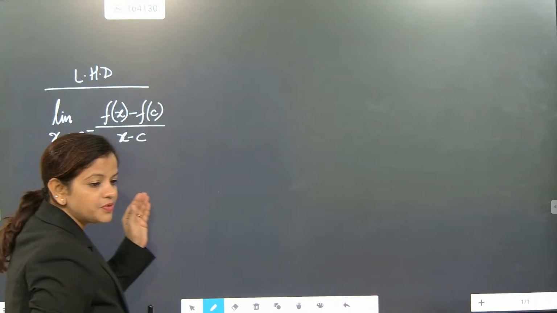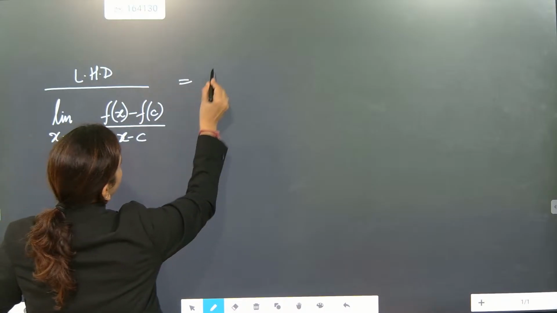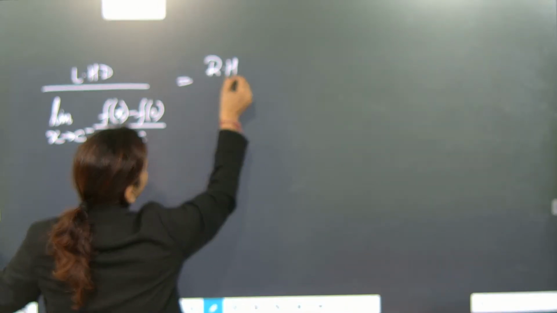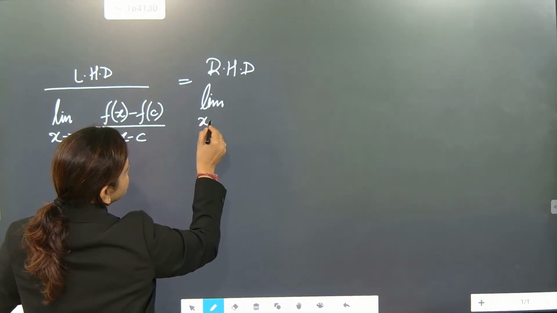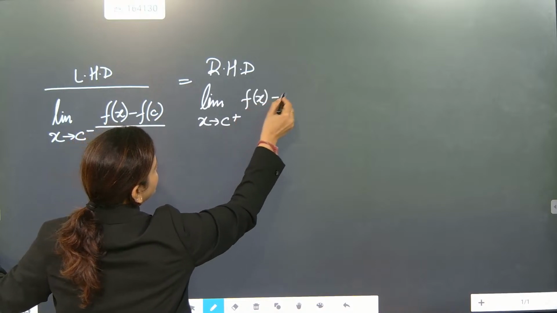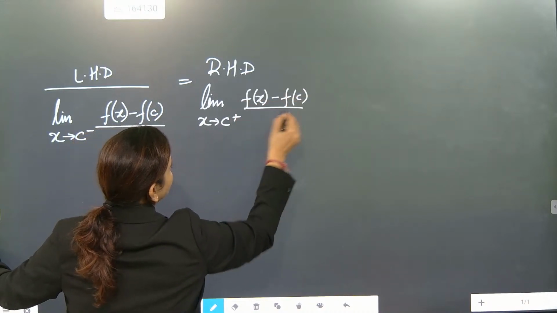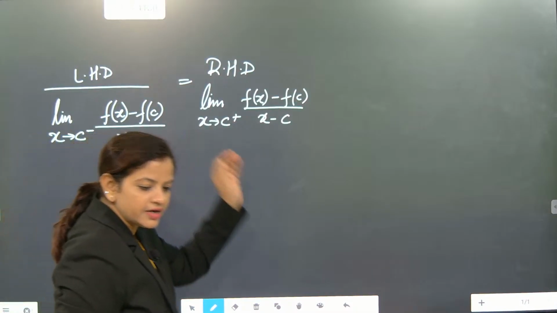This is called the left hand derivative. Got it? Now the right hand derivative will be what? Limit x tends to c plus, f of x minus f of c by x minus c. This is called the right hand derivative.